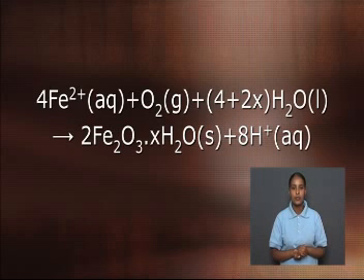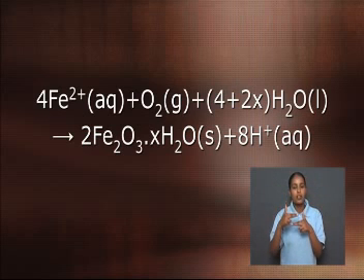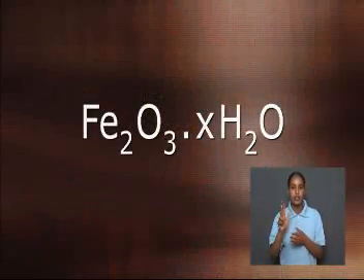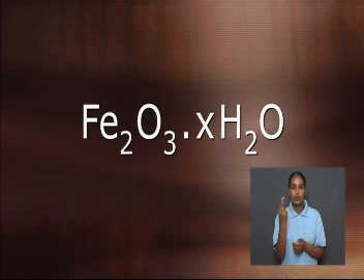The iron ions that are formed at the anode are further oxidized by oxygen. This is the equation for that reaction. Therefore, rust is a hydrated form of iron oxide. The amount of water associated with iron oxide varies, though, so we use this formula.